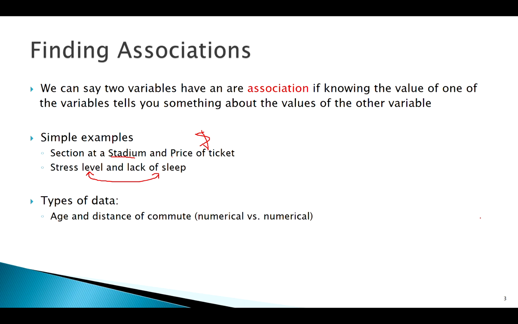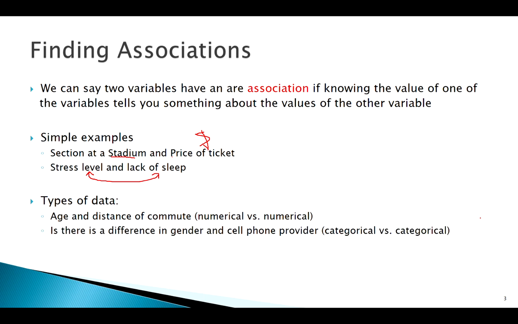Something like age and your distance of commute, these are two quantitative variables. There are regression methods for looking at other types of data, a categorical versus a categorical, or even a numerical versus a categorical variable. Now we're going to focus on this first type of relationship, quantitative versus quantitative.